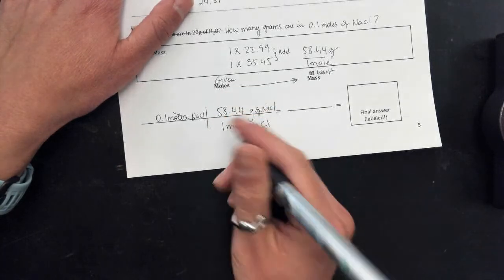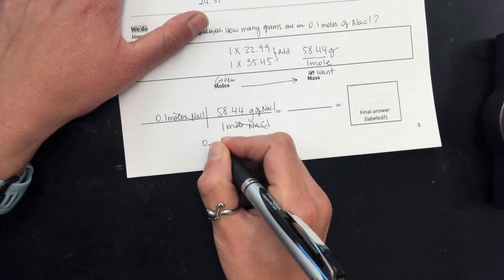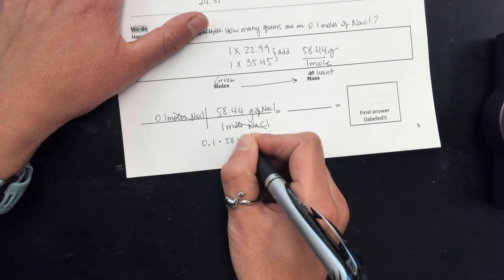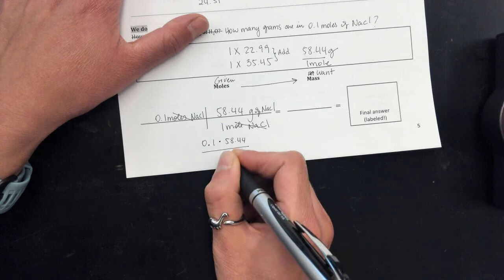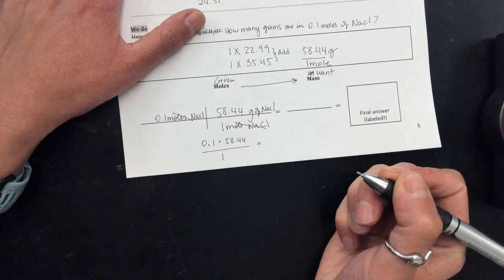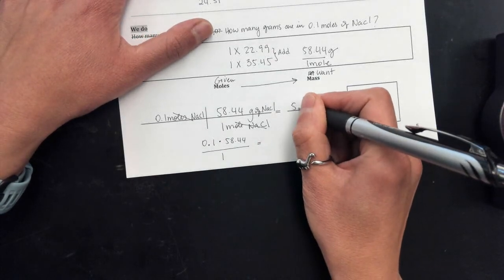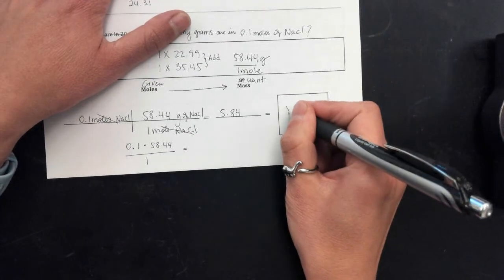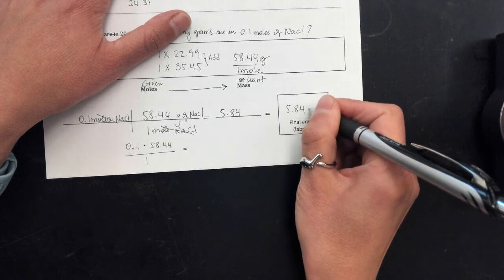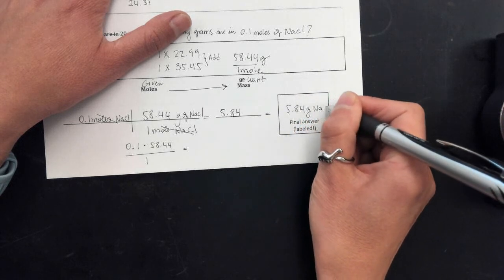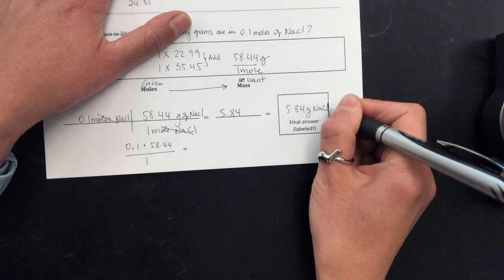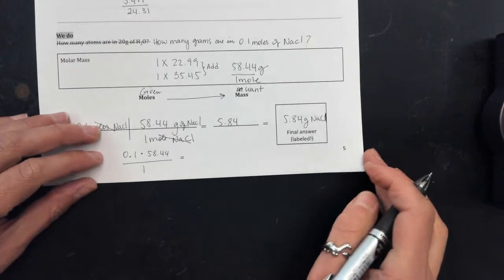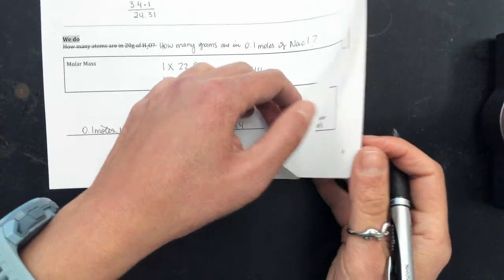So putting this into a calculator, I would do 0.1 times 58.44 divided by 1, which gives me 5.84. And then to finish this out, it's 5.84 grams of NaCl. The L is supposed to be right here. Alright, and then to the final example.